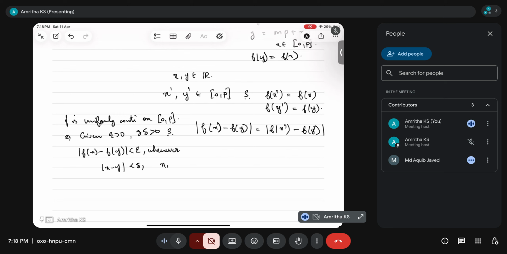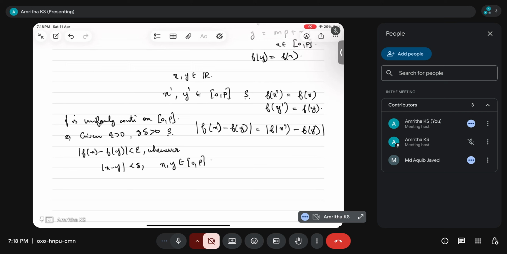But x and y are from [0,p], right? I think |x minus y| less than delta implies |x dash minus y dash| less than delta.